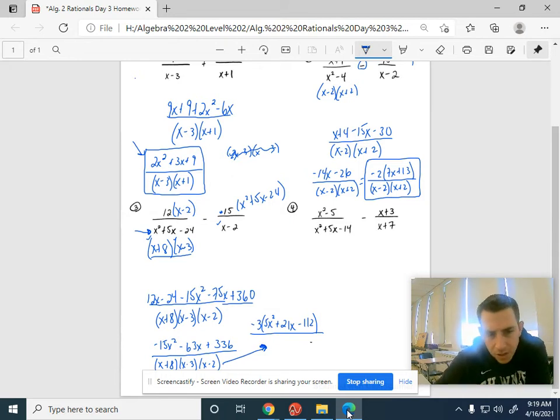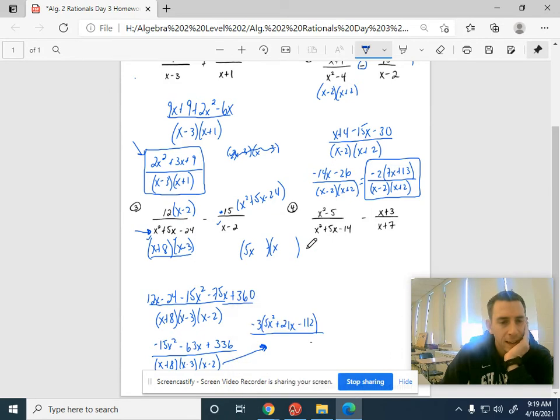Now, even though we took out a GCF, we're not done necessarily. This might be factorable. So I know I'm kind of all over the place, but let's test it out. Let's try it up here. 5 is prime, so that helps me. All right, factors of 112 that can give us 21.